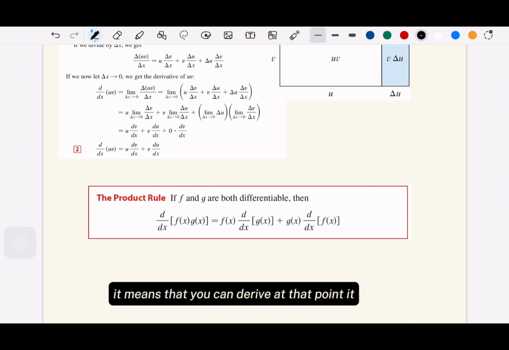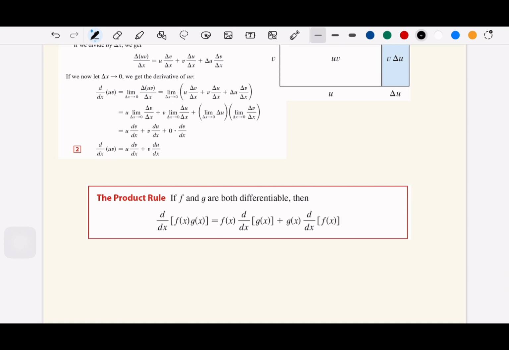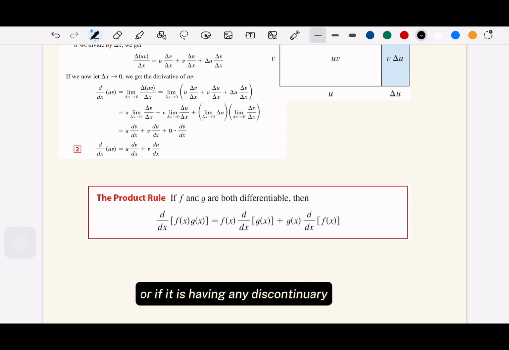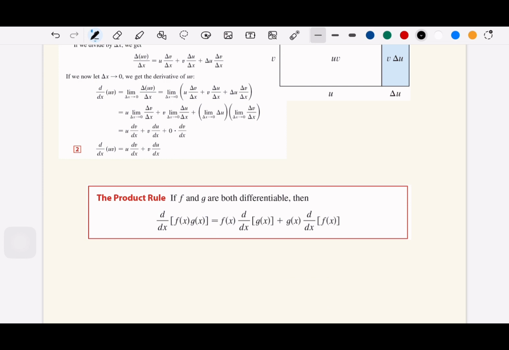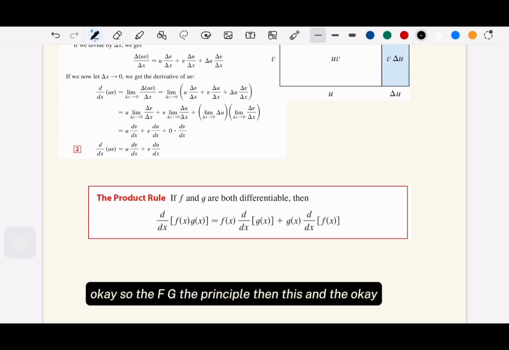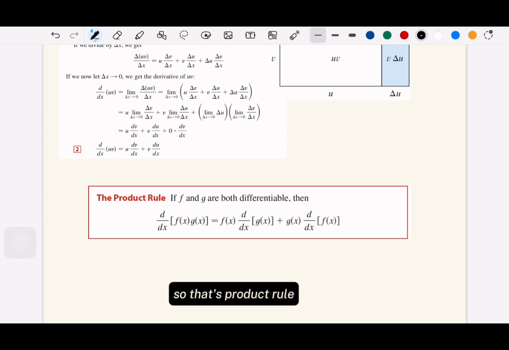It means that you can differentiate at that point. It has the tangent or the slope at that point. If it is a pointy corner or if it has any discontinuity, of course you cannot differentiate at that point. So if f and g are differentiable, then this can be applied. Okay, so that's the product rule.